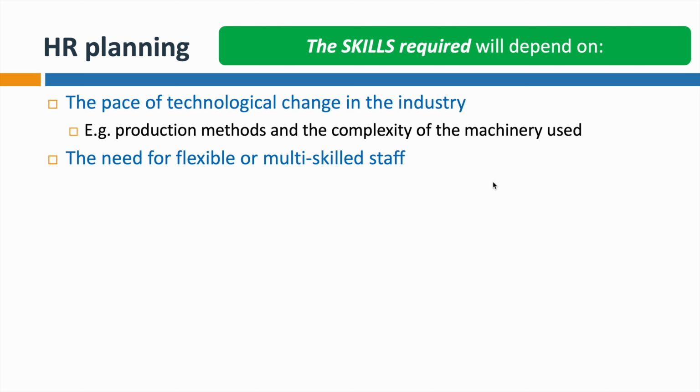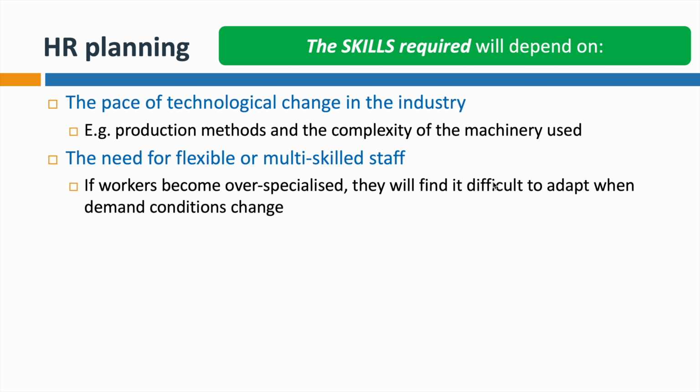The need for flexible or multi-skilled staff, because workers perhaps need to be changing or rotating jobs. They need to be flexible. They need to have a lot of different skills, not just be over specialized. So we will probably need to train those that don't have the skills, or recruit people that are flexible, that are multi-skilled.